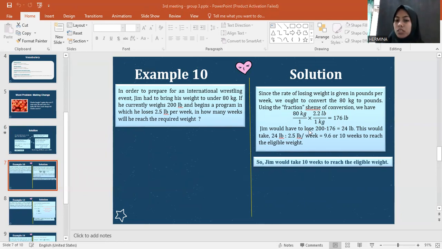Jim would have to lose 200 minus 176, which is equal to 24 pounds. This would take 24 pounds divided by 2.5 pounds per week, which is equal to 9.6, or 10 weeks to reach the eligible weight. So Jim would take 10 weeks to reach the eligible weight.